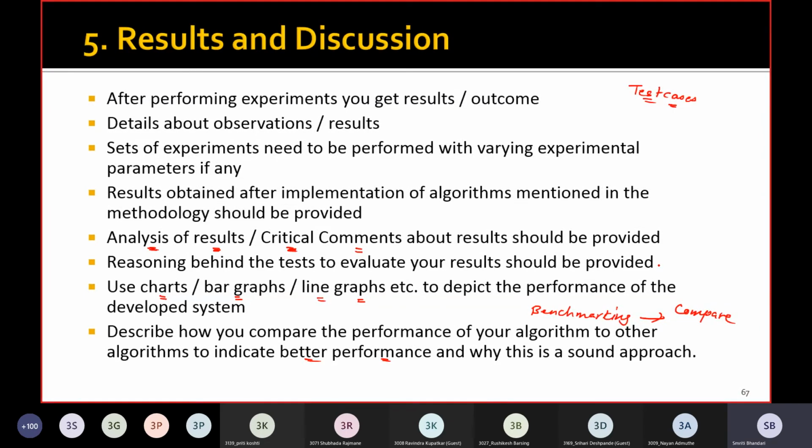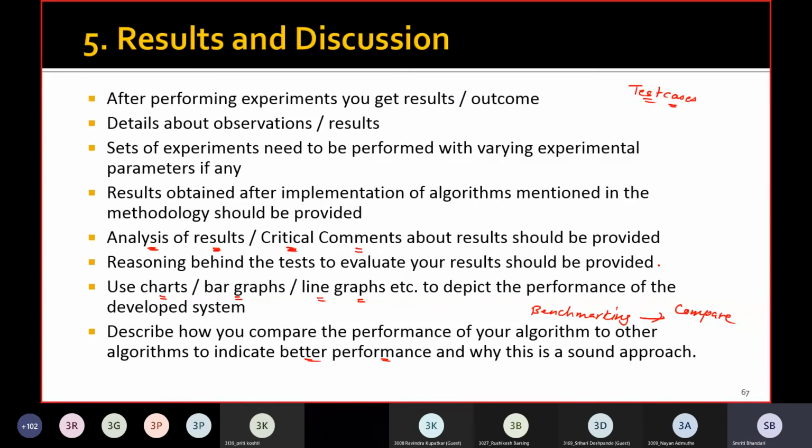I'll repeat: even if the performance of your system is comparatively less than the existing system, it is okay to some extent. Why? If you could critically comment upon the design that led to the poor performance, then it is accepted that you have pointed out what should not be done.